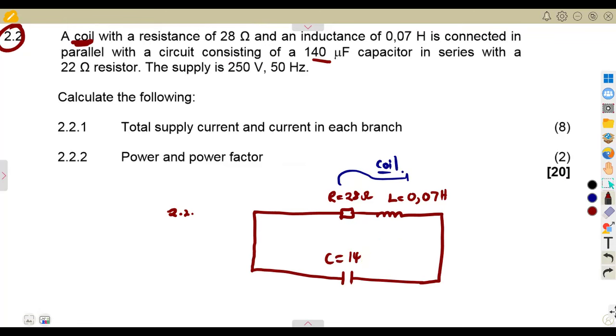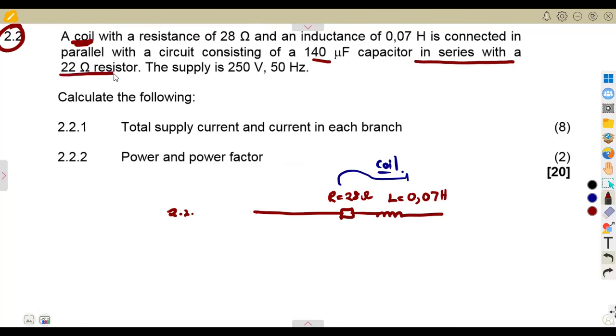We still have something to consider on our capacitor. The capacitor is not just on its own. The capacitor that we have is in series with a 22 ohm resistor. So meaning to say we have got an RC circuit there.